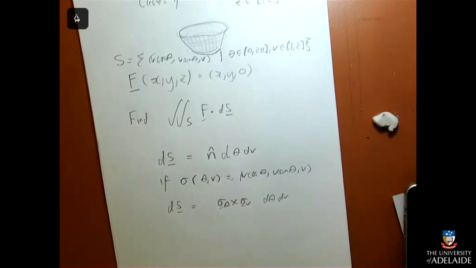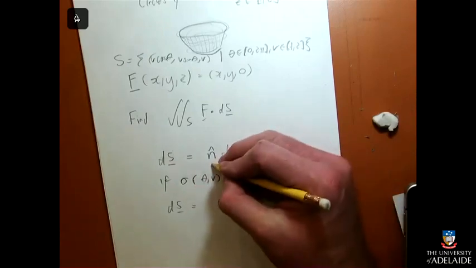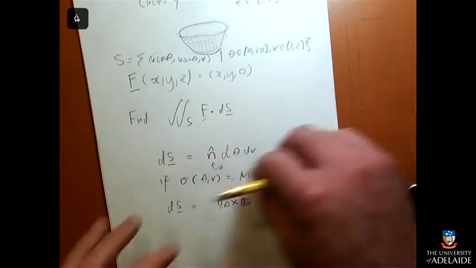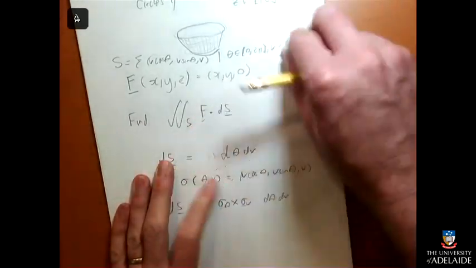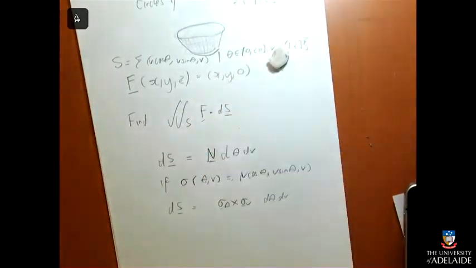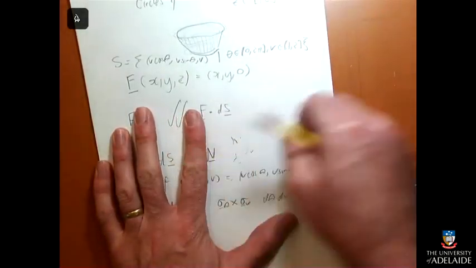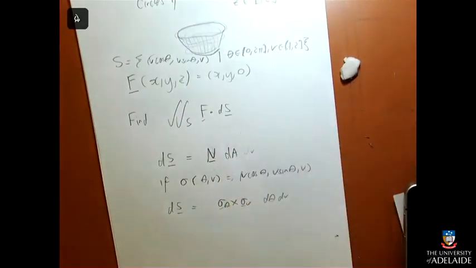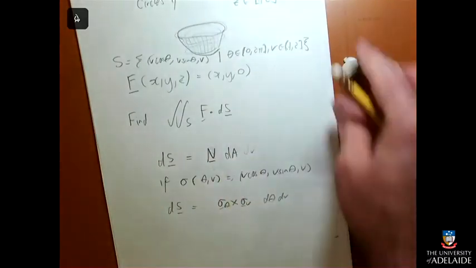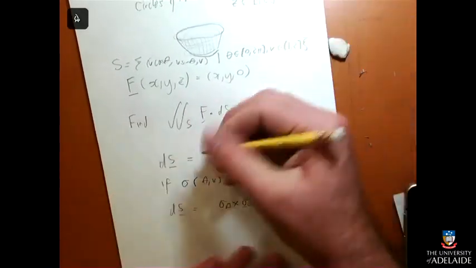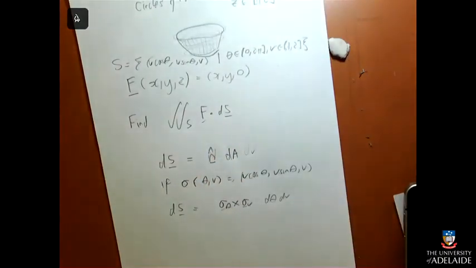So the important thing is that this n hat is a unit vector. No, it's not. This is a capital N hat, isn't it? Yeah, dA, that's great. I love it. Like that? Yes, okay.